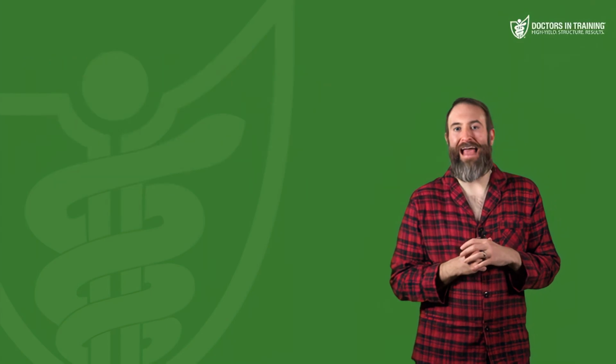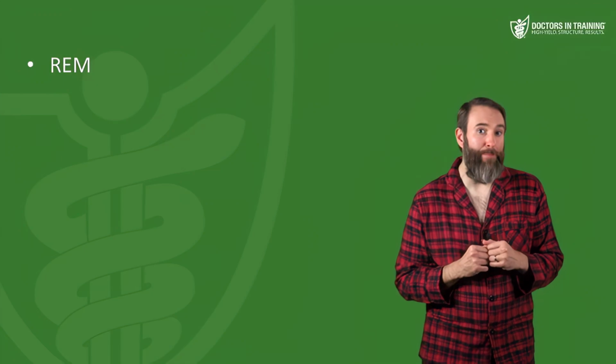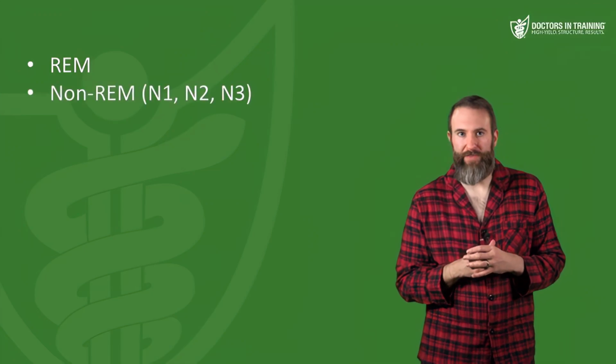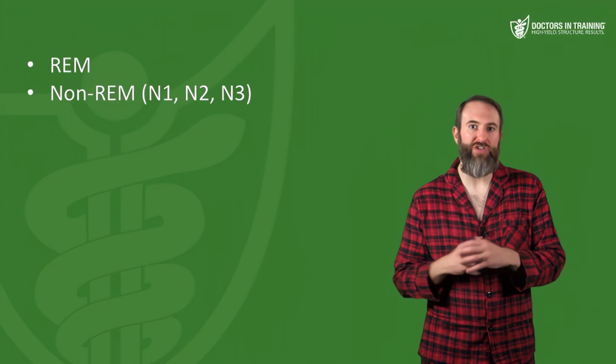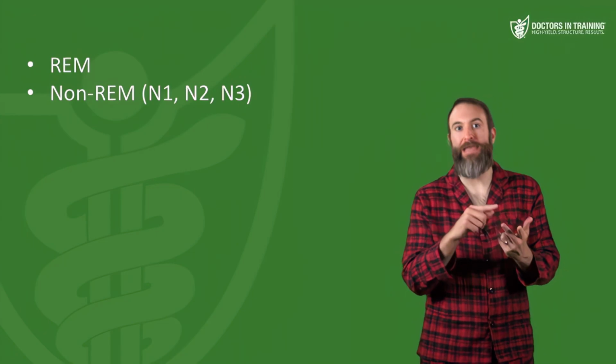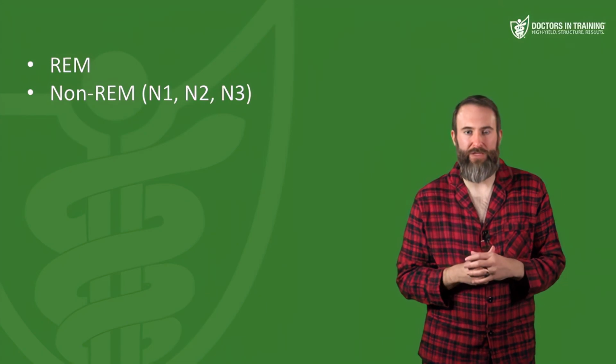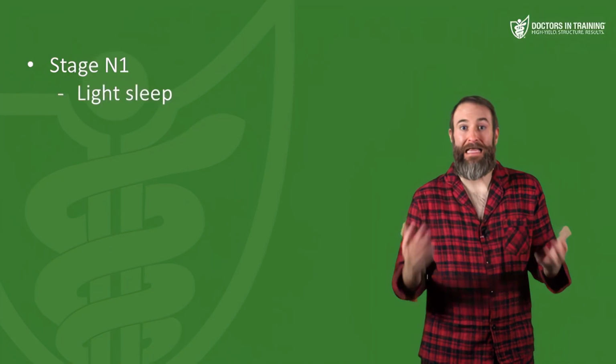And next we have the actual stages of sleep. There are 2 main categories: rapid eye movement sleep, so REM sleep, or the non-REM sleep. And this is why the non-REM stages are often referred to as N1, N2, N3. That stands for the non-REM stage. So first let's talk about stage N1 sleep. This is very light sleep.